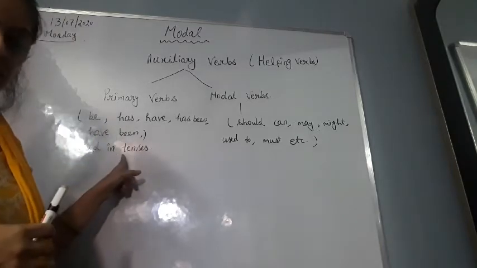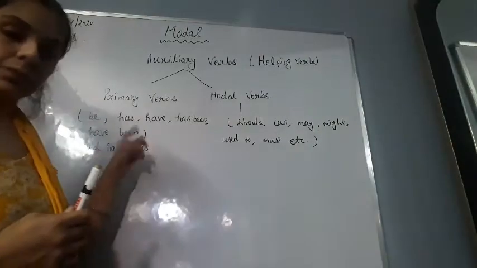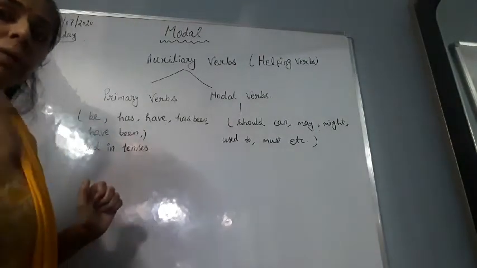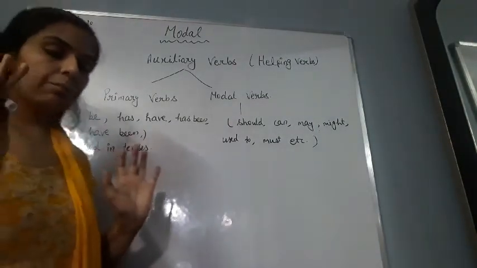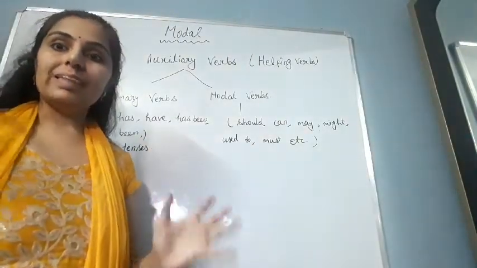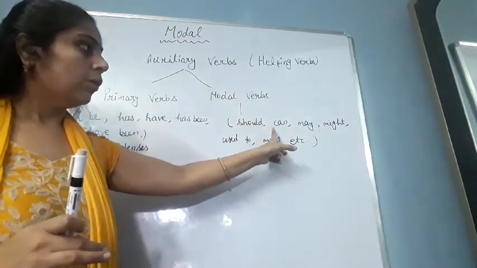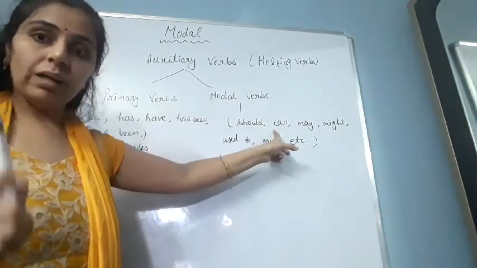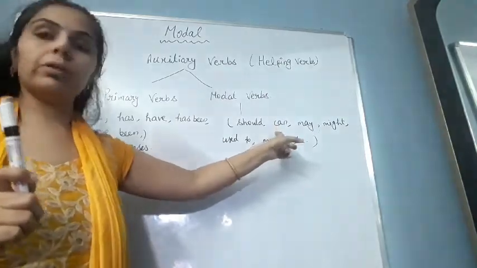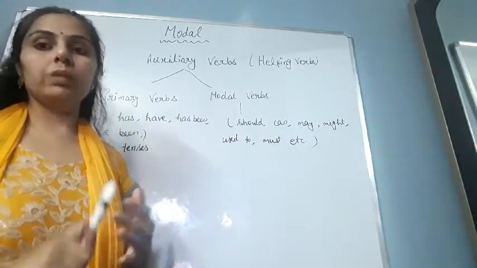There are some criteria in using the primary auxiliary verbs, but just make a note in your list that for the modal verbs, you need to learn only one thing, that after modal verbs only and only the main verb's first form will be used.